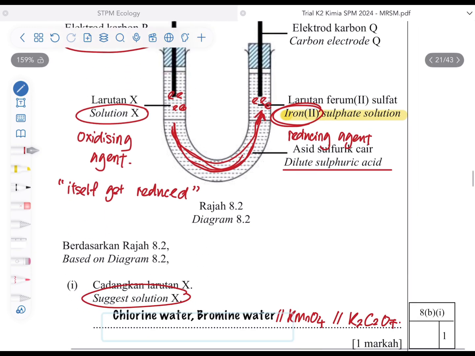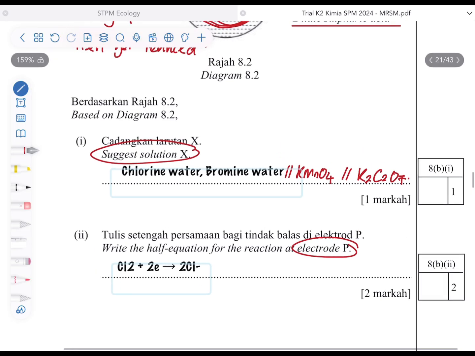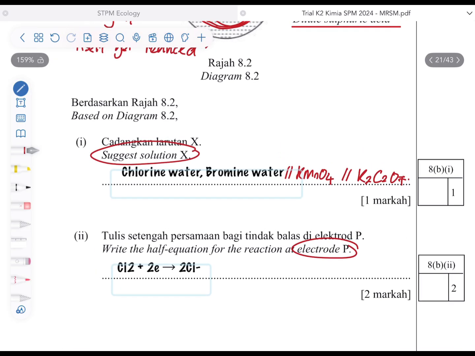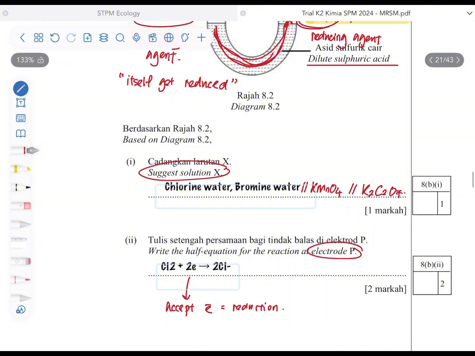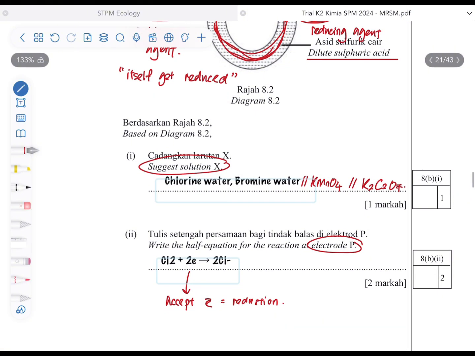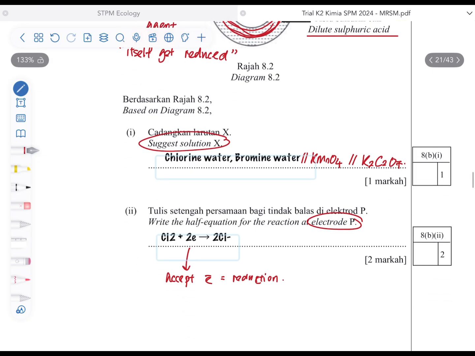So if I ask you to write the chemical equation, it will be Cl2 plus 2e- becomes 2Cl-. You accept electrons, right? Accepting electrons means it is the reduction. So it matches with the role of the oxidizing agent. The oxidizing agent will oxidize the others, but it yourself will get reduced. It is kind of like opposite.